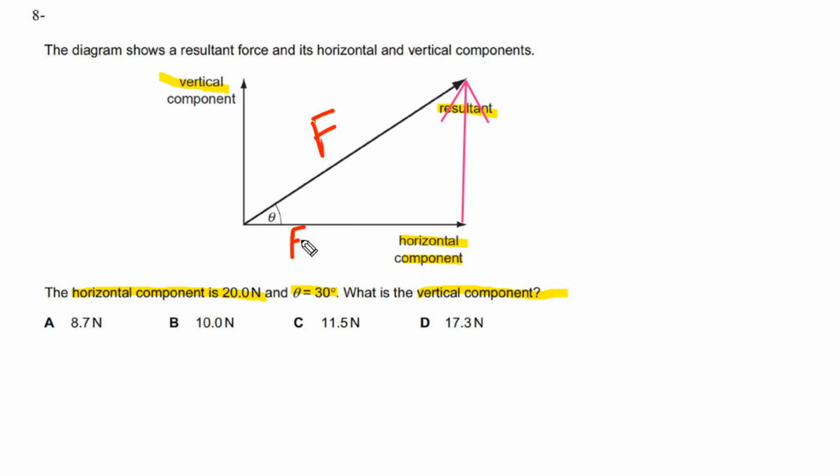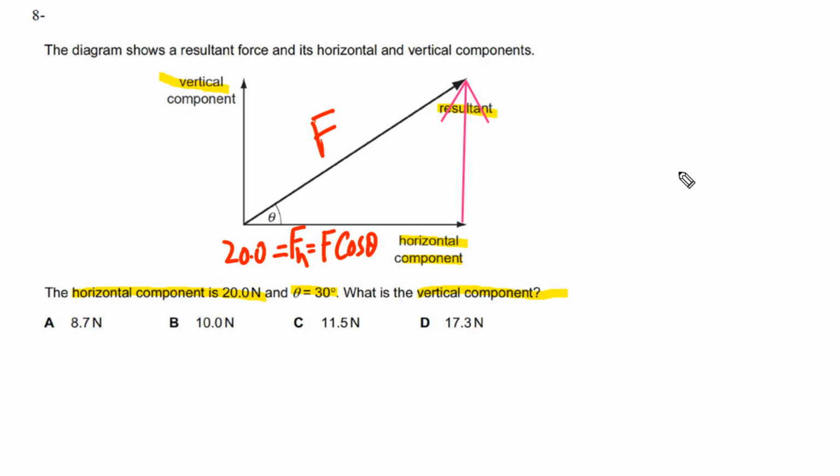Now I can say that the horizontal component of force will be equal to F cosine of the given angle. Fh is given to us, that is equal to 20.0 newtons.